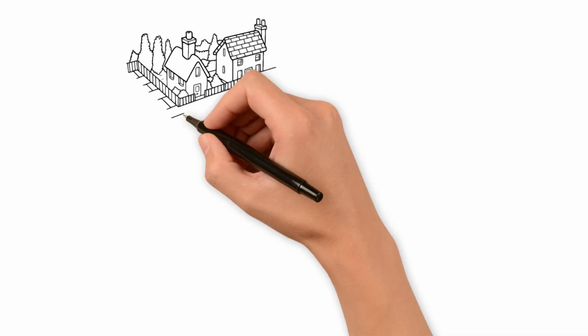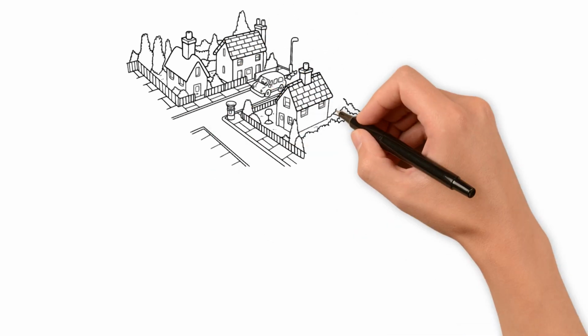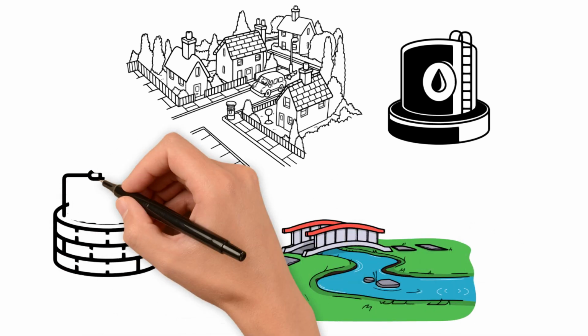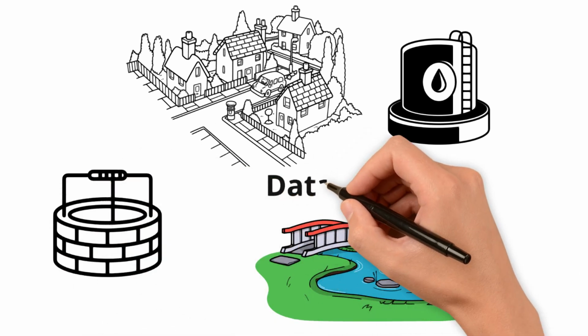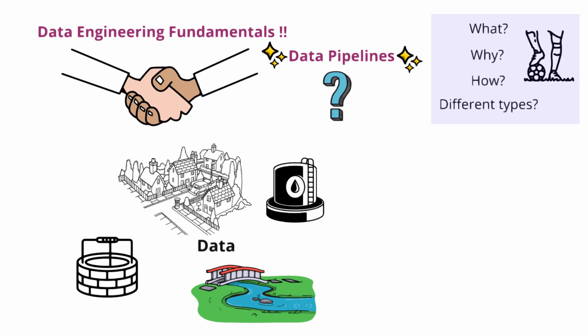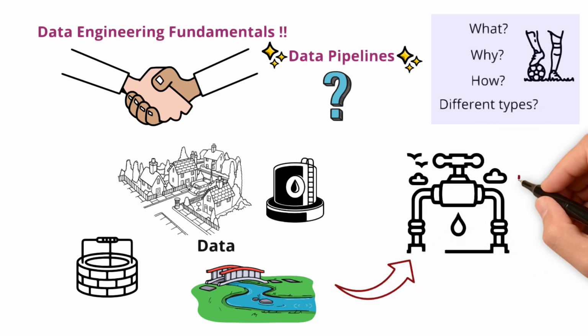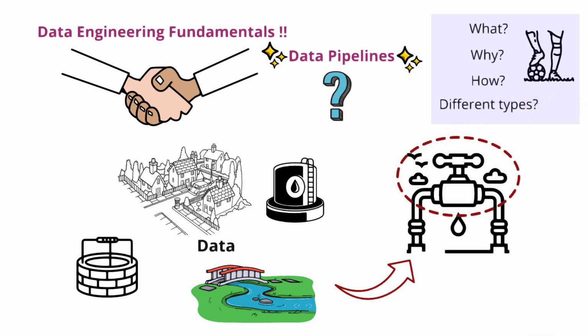Imagine a city. All the water is scattered around in reservoirs, rivers, and wells. That's your data. A data pipeline is like a complex system of pipes that takes the raw water, filters it, pumps it, and delivers it to your taps, clean and ready for use.